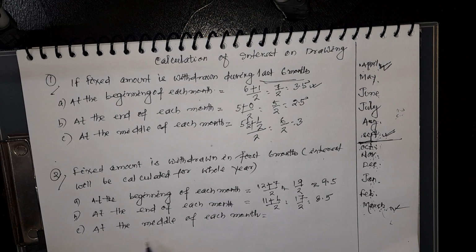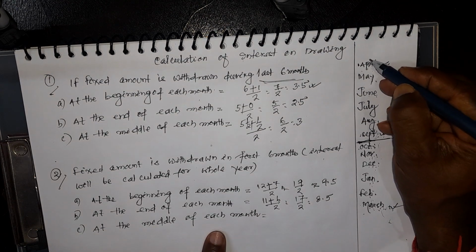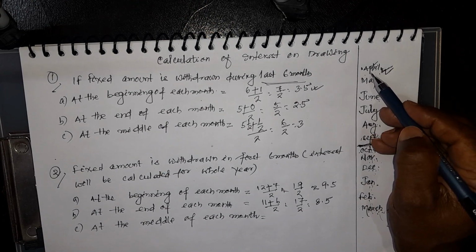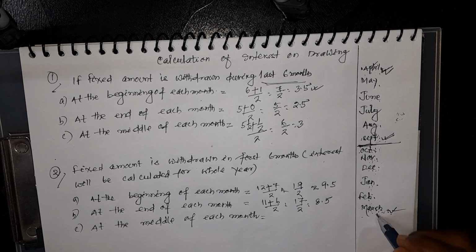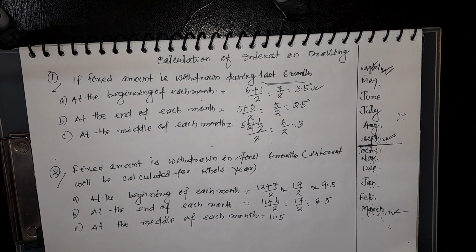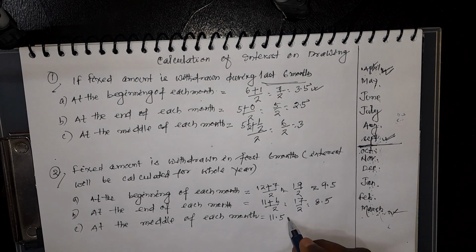Clear? At the middle of each month: April middle, May middle, June middle. So from April to March, it will be 11 and a half. From September 15, it will be 6.5.